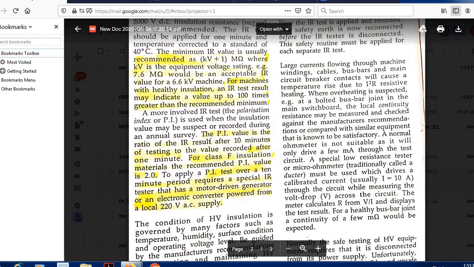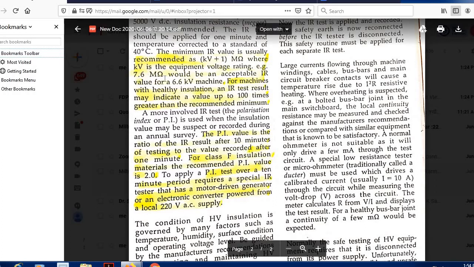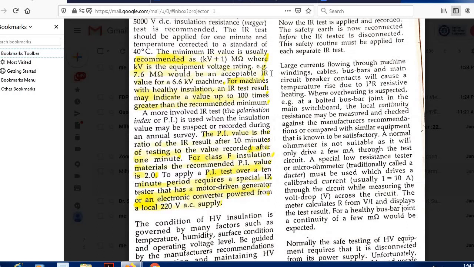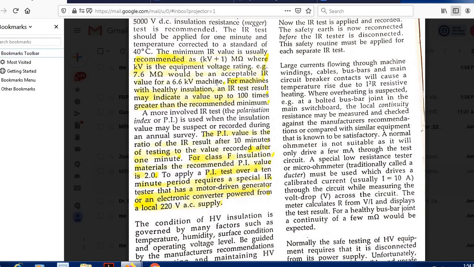The minimum resistance value is usually recommended as kV plus 1 megohm. So for 6.6 kV, 6.6 plus 1, 7.6 megohm, where kV is the equipment voltage rating. So 7.6 megohm would be the acceptable insulation resistance value for a 6.6 kV machine. So this is the minimum.